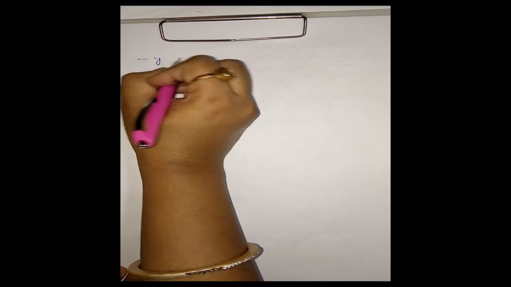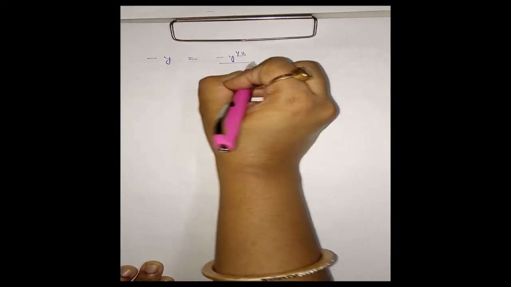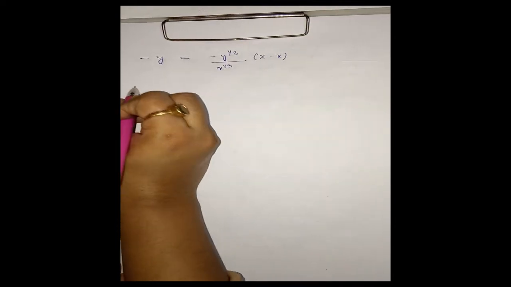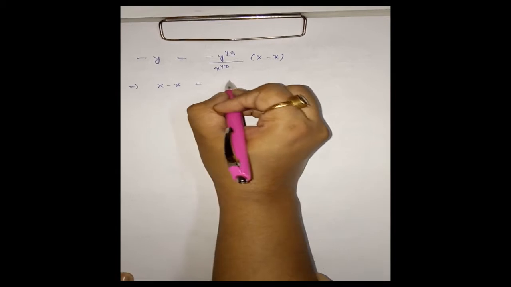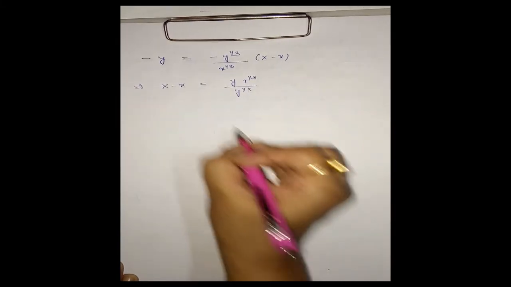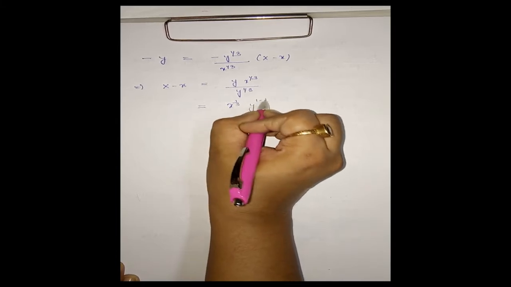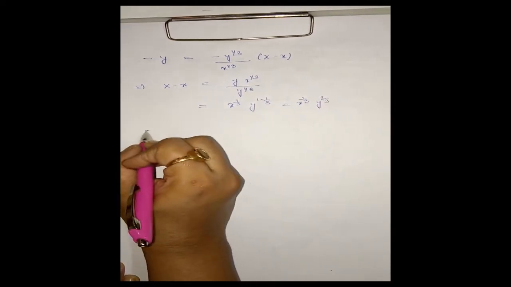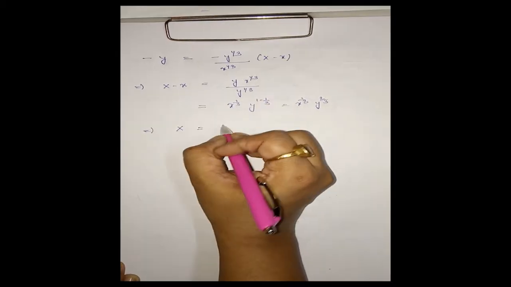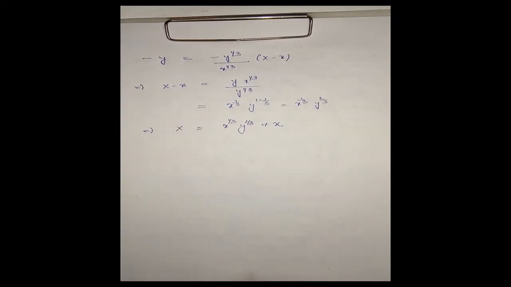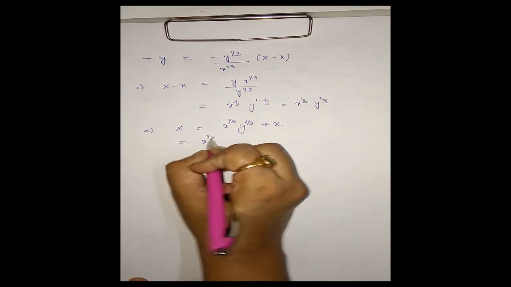Substituting y equal to 0 in the equation of tangent, we can simplify, which on simplification will give us x^(1/3) times y^(1 - 1/3) = x^(1/3) y^(2/3), so X = x^(1/3) y^(2/3) + x.